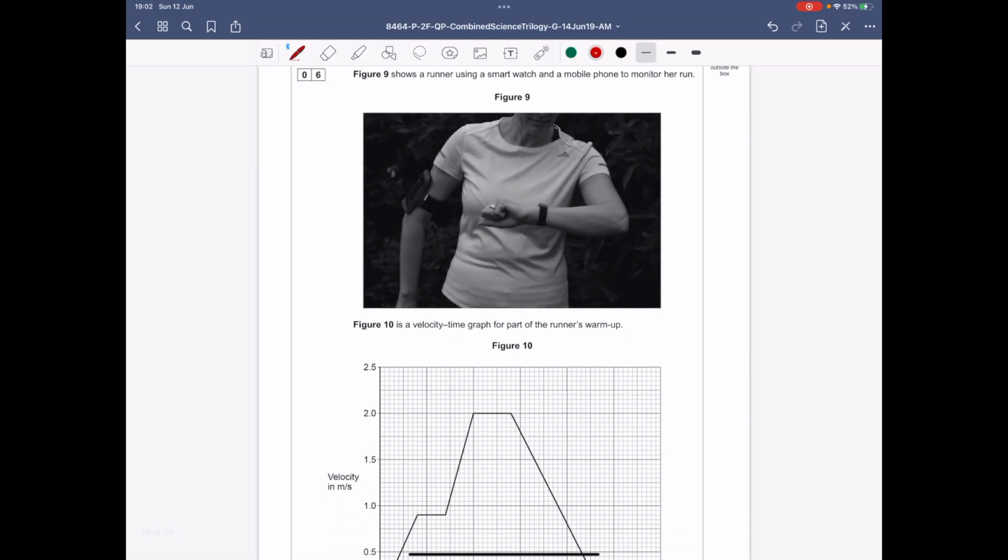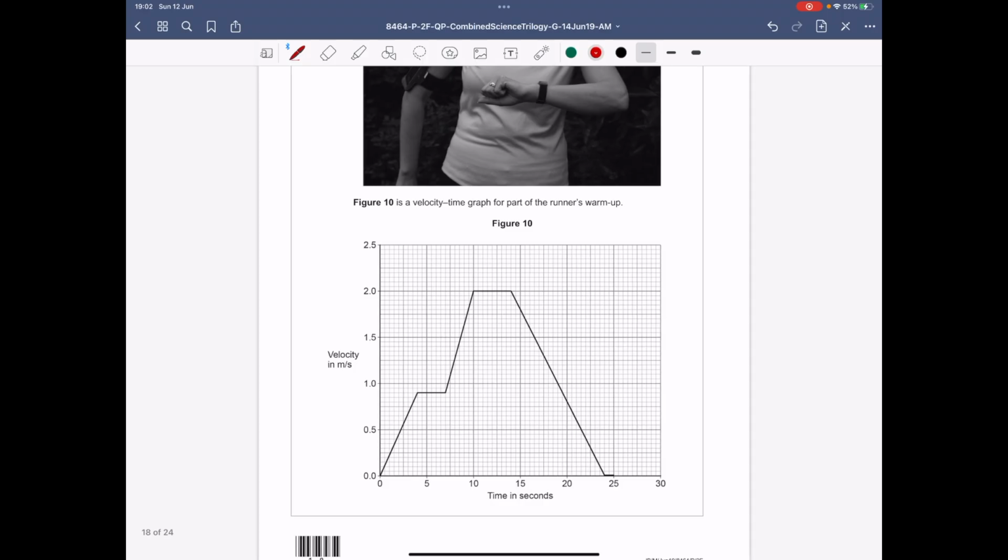Then, question 6. Figure 9 shows a runner using a smartwatch and a mobile phone to monitor her run. Figure 10 is a velocity time graph for part of the runner's warm-up. Okay, so this is her warm-up, and you've got time in seconds, and you've got her velocity at the side. So before I even start thinking about the question, I would annotate this graph with what I know.